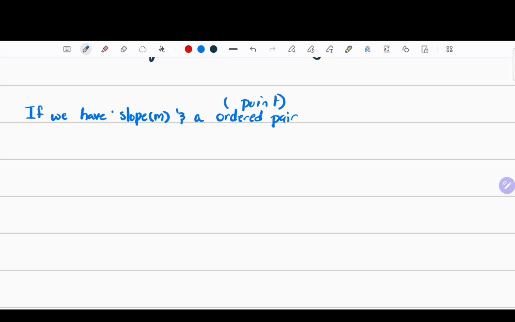If you have a slope and an ordered pair or a point, we're going to be using y equals mx plus b. Let's keep using that.